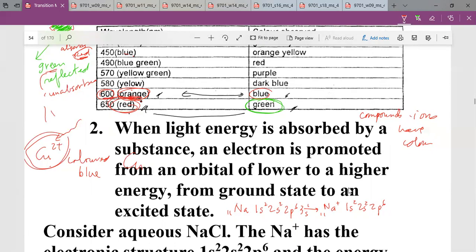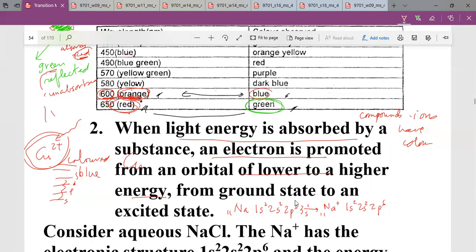Remember, there are electrons inside here, and the electrons can move to different shells. S, P, D, F shells can move up to the empty shells. So electrons are promoted. Remember, when light energy is absorbed, electrons are promoted from a lower energy to a higher energy level.